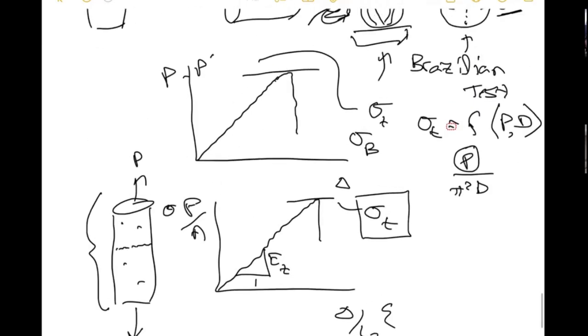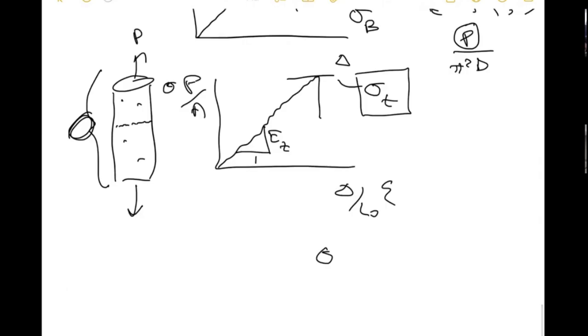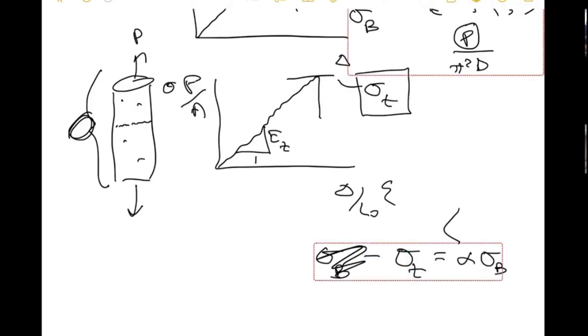Now this is not the same problem, right? This is failing because a crack will kind of start in the middle and grow to the sides in a brittle fashion. That's not the same as over here where you're just pulling it apart. And so it turns out that this sigma B, think of it this way, the actual direct tensile strength is usually some multiple of sigma B, and this multiple might typically be about 0.8.